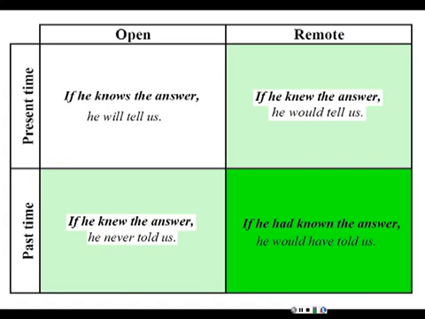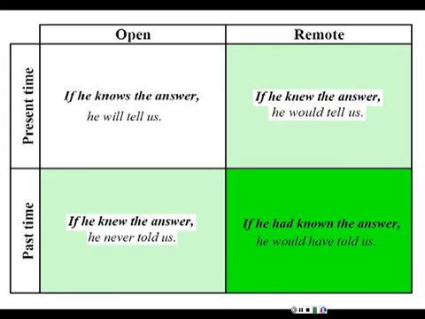What we need is sort of the double past tense, or as it's known in English grammar, the past perfect tense. Notice it's if he had known the answer, he would have told us. He didn't know the answer yesterday, last week. If he had known it, he would have told us, but he didn't know it.